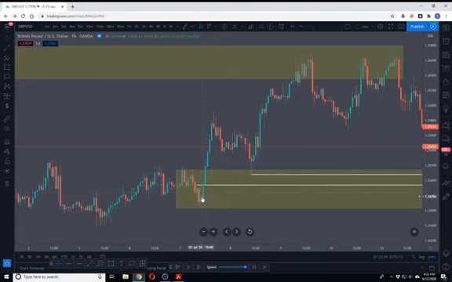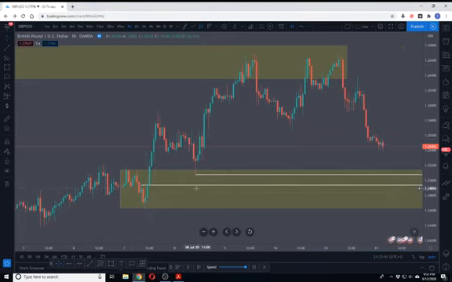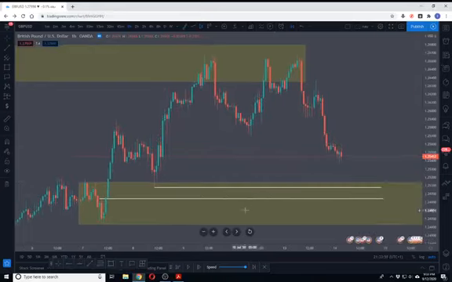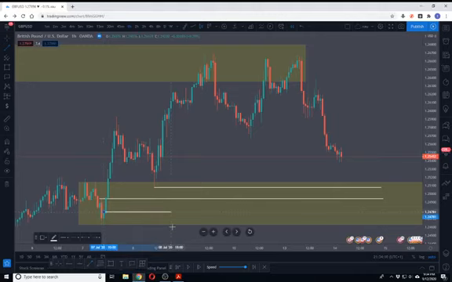There's obviously imbalance further down here, but what we do is set our alert for price to hit this level, then we pay attention to the lower time frames and wait for a break of structure on the lower time frames so we can get into a trade. But let's just mark up the last point of the imbalance and see if the market came all the way down to that level.